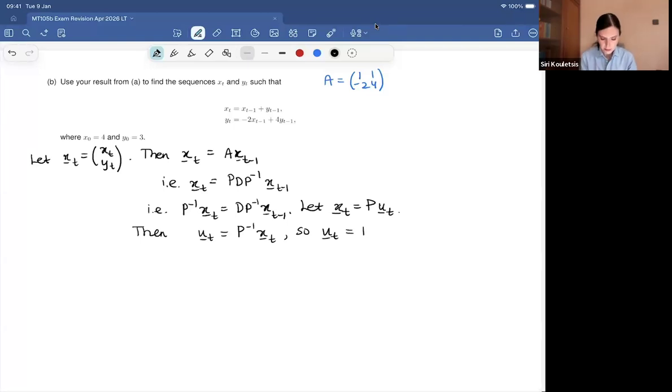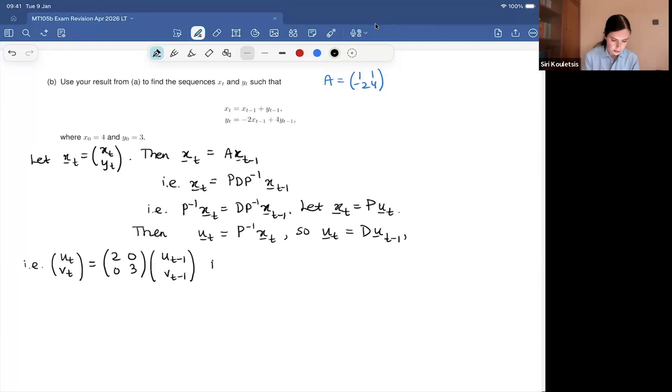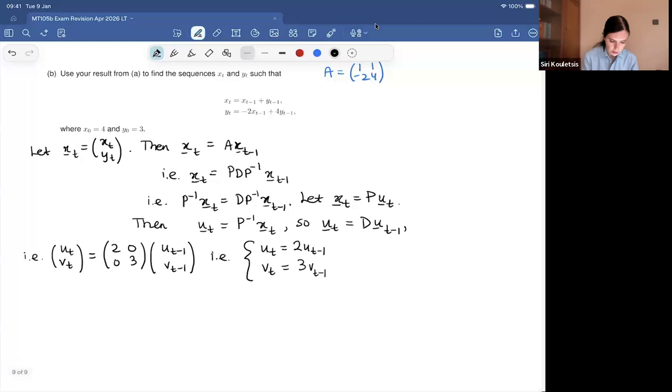So ut is D times ut minus 1, where D now is that diagonal matrix we found in part A. And now we see that we have uncoupled these, so that ut is just 2 times ut minus 1, and the sequence vt equals 3 times vt minus 1. And these we know how to solve.